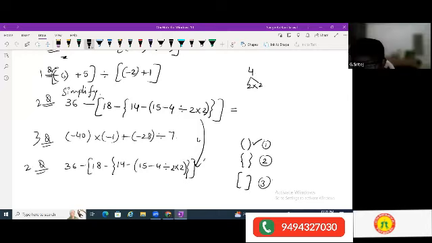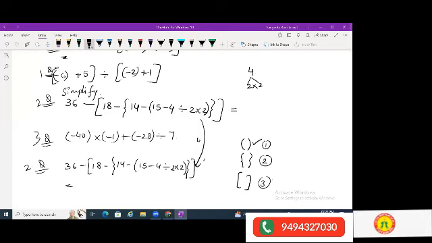Ma'am, can you repeat again? This was number 4 only, which has been split into 2 into 2, 4. So just multiply these two together. So 15 minus 4 divided by 4. When 4 divided by 4, that means you have 1.